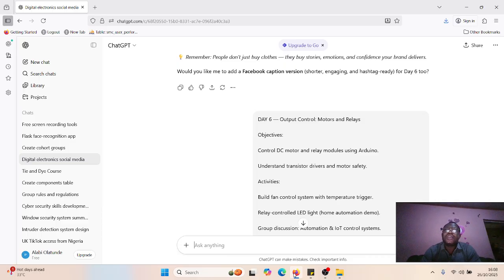You package it, you create a sales funnel. But to do that, it requires a lot of journey.